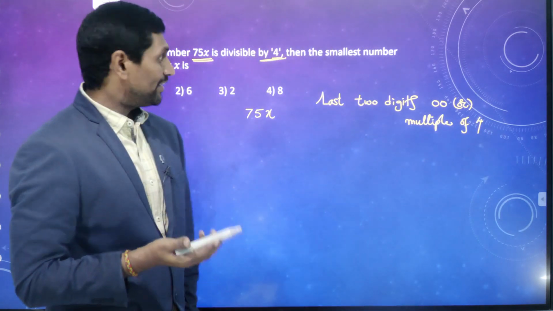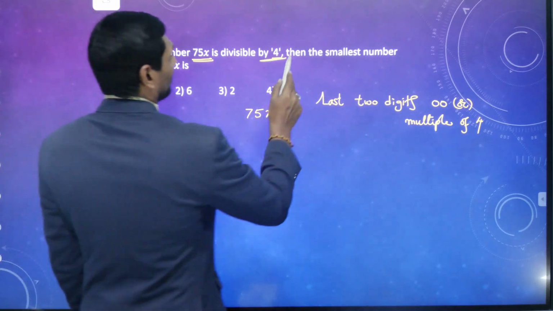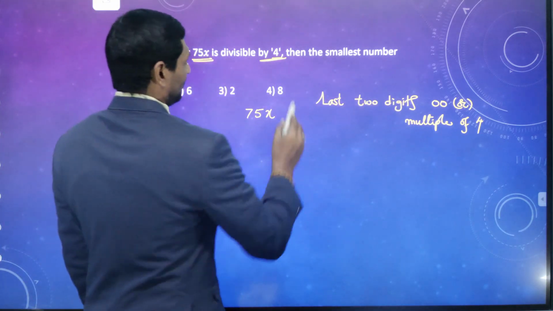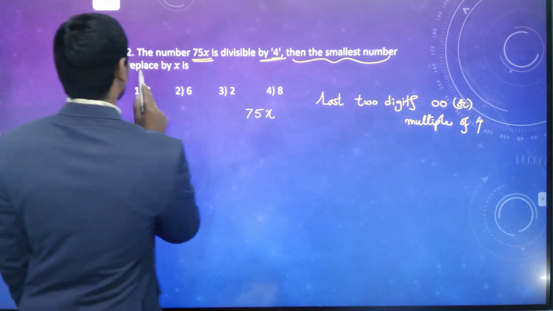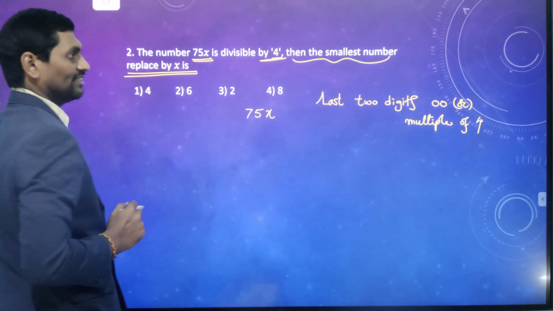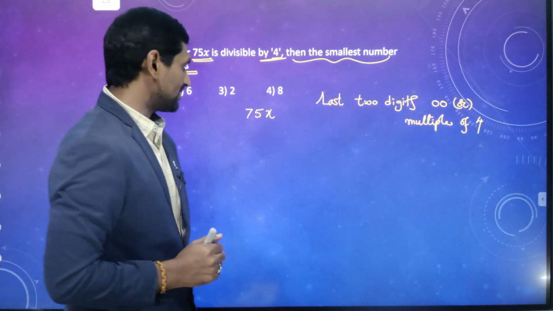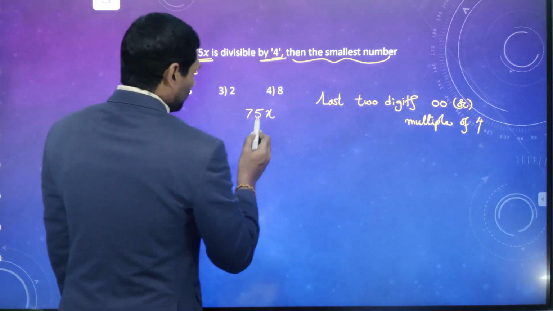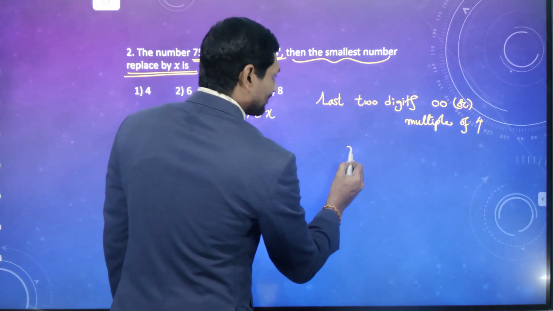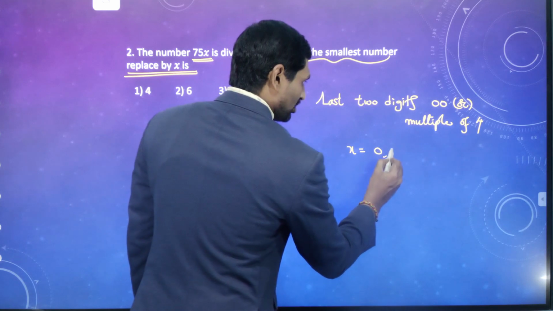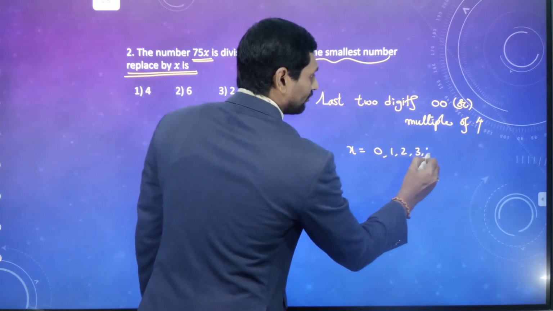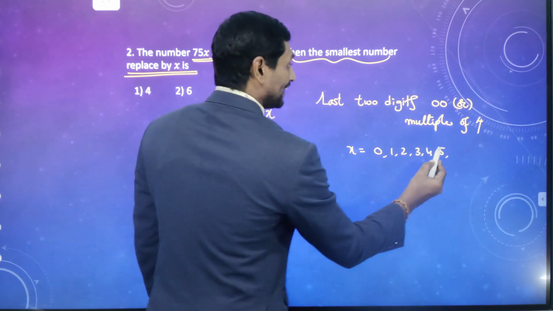Okay. So according to the definition, and the question is not yet ended, we need the smallest number replaced by x. Now let us take the x value can be 0, 1, 2, 3, 4 up to 9. There are 10 chances.